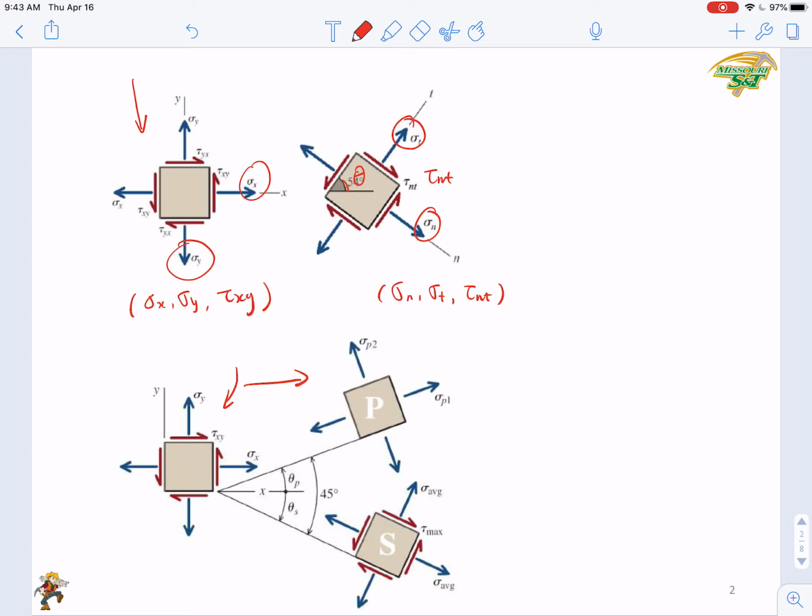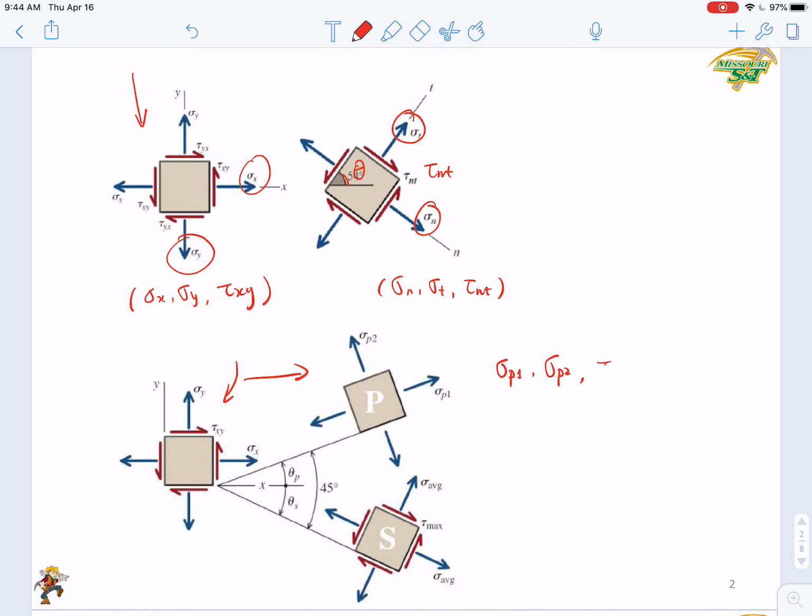At this status, you will have principal stress sigma P1, sigma P2. These are the maximum and minimum possible normal stresses, and tau equals 0. Okay, these are the characteristics of the status of principal stress. You do not have any shear stress at the principal stress plane.